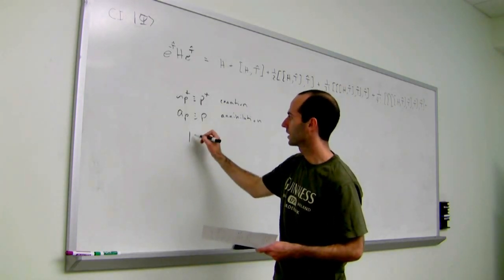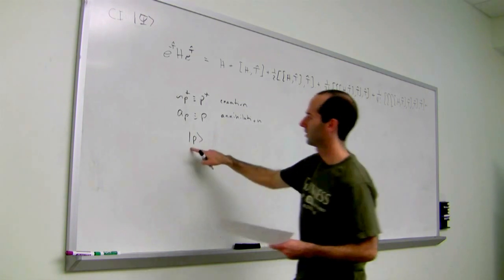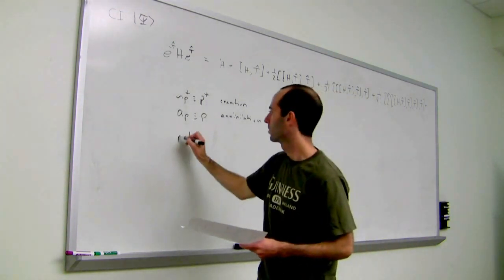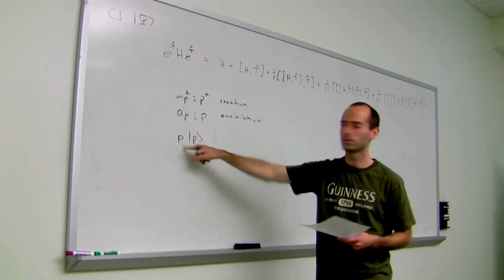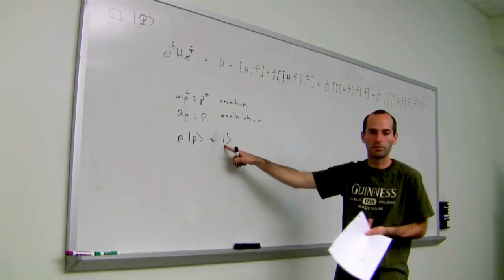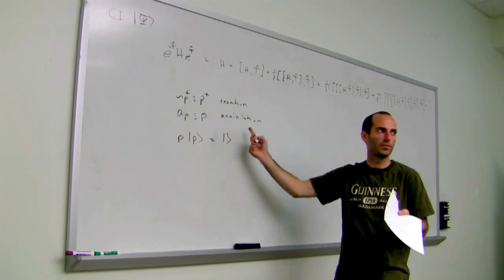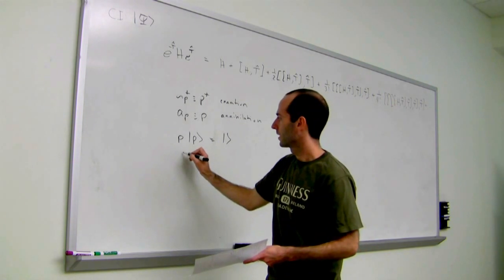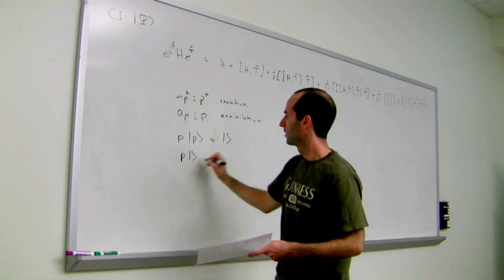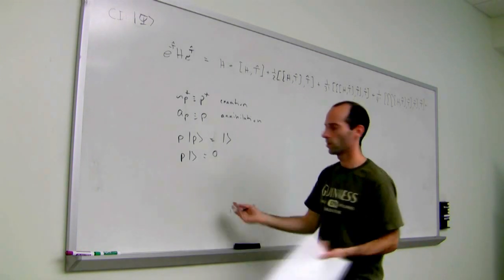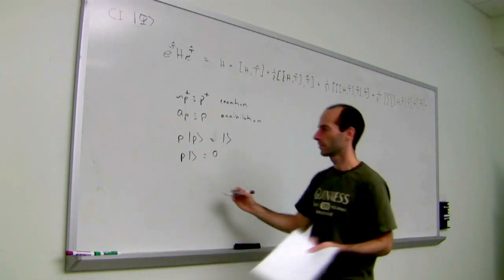Say we had a function that had orbital p occupied. We act on it with the annihilator. We're going to get the vacuum state. So we now have no electrons. Our wave function, our determinant, has no electrons in it. If we tried to act on the vacuum state with an annihilator, we'd get 0 because there's nothing to annihilate.